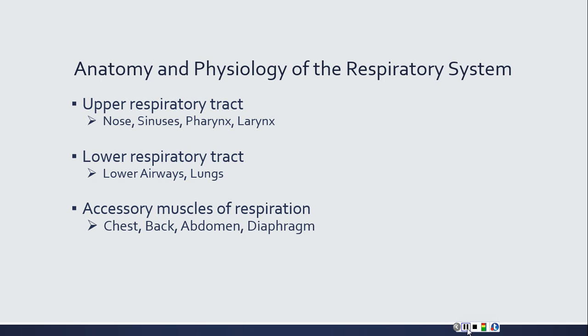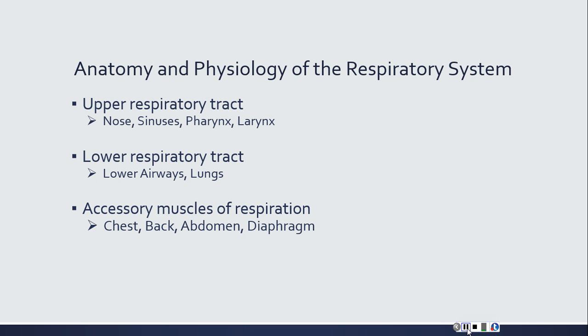And what is it going to bring in? Oxygen. That gas exchange between oxygen entering the bloodstream and CO2 leaving the bloodstream cannot occur without the alveoli. We'll talk a little bit later about some conditions that destroy the alveoli: emphysema, COPD, all that kind of stuff.